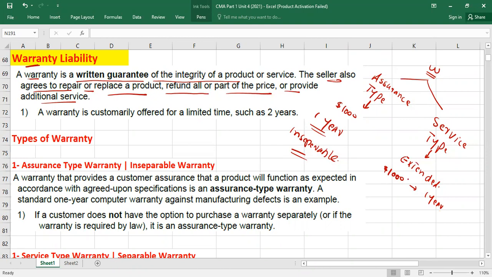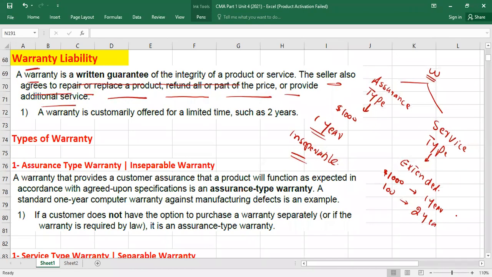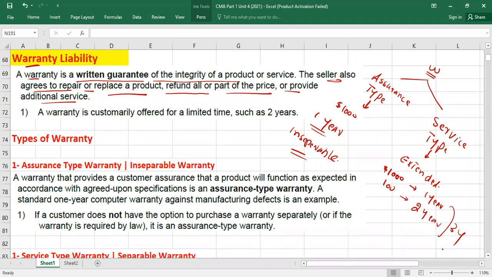They say, sir, if you pay $100 extra, we can give you an extra 2 years of warranty also. So the total warranty will be 3 years. For the extended warranty, which is 2 years, you are paying an extra amount. So this is called service type warranty. Service type warranty is also called separable warranty, because you are paying separately from the purchase price.